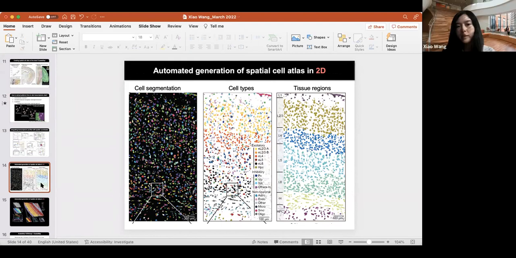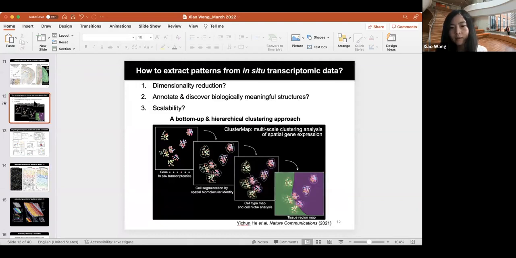Yeah, I think that's a great question. What we do for this tissue region identification is we put each cell in the center of analysis, and then we draw a circle and count and think about the gene expression of their nearest neighbors. If all the cell populations in this neighborhood have gene expression similar enough to each other, they will be classified as tissue regions.